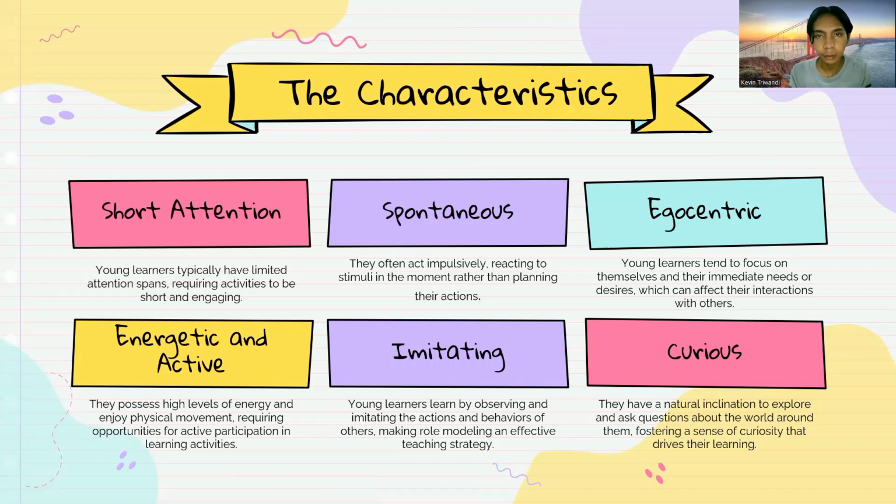And the fifth is imitating. As we know, young learners learn by observing things around them, especially the people around them. Without knowing about something, they can do it because of someone or something.